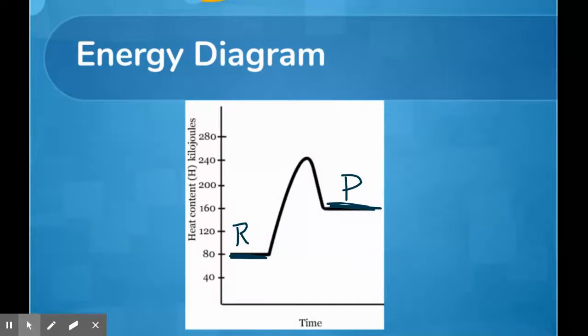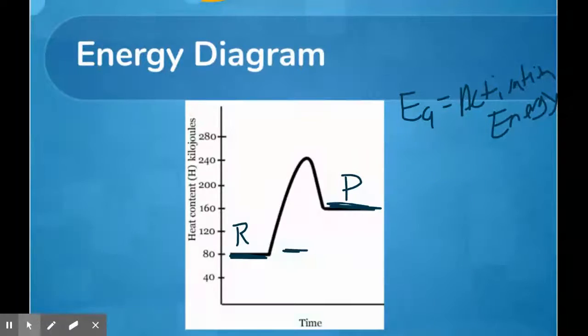So the energy needed to start a reaction is called activation energy, and we abbreviate that capital E, A. So the amount of energy it takes to get from what's in the reactants up to the top of the curve here, that is the activation energy.